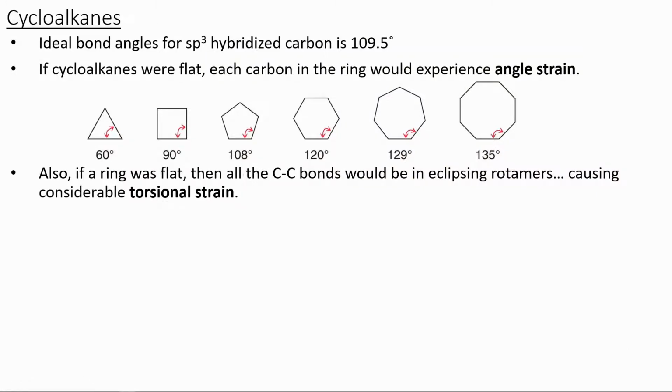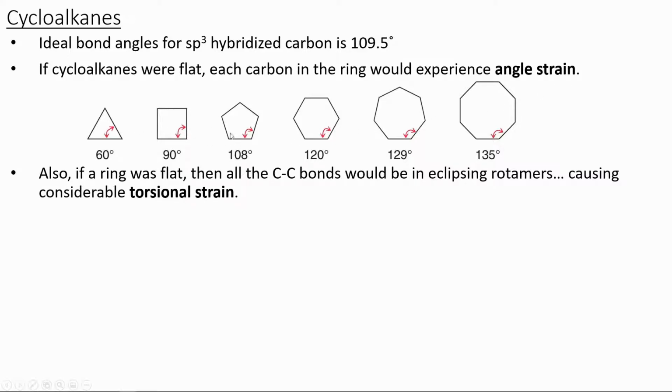All right, now we're going to change pace a little bit and talk about cycloalkanes. In cycloalkanes, remember we have an ideal bond angle for sp3 hybridized carbon of 109.5 degrees. If cycloalkanes were flat, each carbon in the ring would experience angle strain.